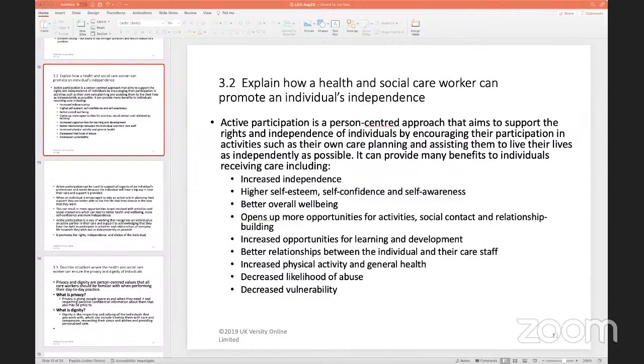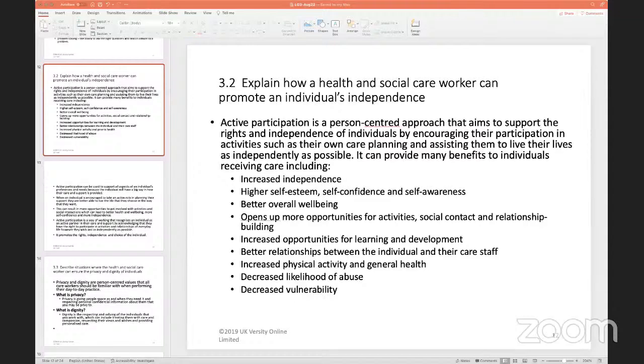But if I just quickly bring out, for the benefit of everyone, the first learning outcome that we discussed, in which we discussed these 6 principles, one of them being independence. What we were looking at there was allowing the individuals to do things for themselves, however big or small they are.